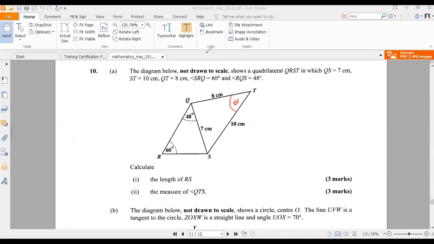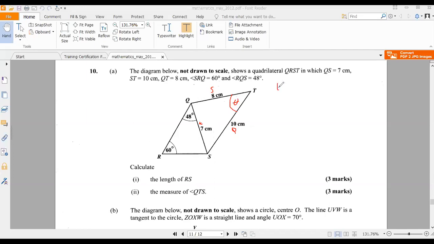So in this case, we are going to label the sides just like we did for the sine rule. I'll do the same principle. This angle T is for this side, so here be small t. This angle is for this side, here be small q, and this angle is for that side, here be small s. So we are using the cosine rule. The fact that we are looking for t means the t will come out.